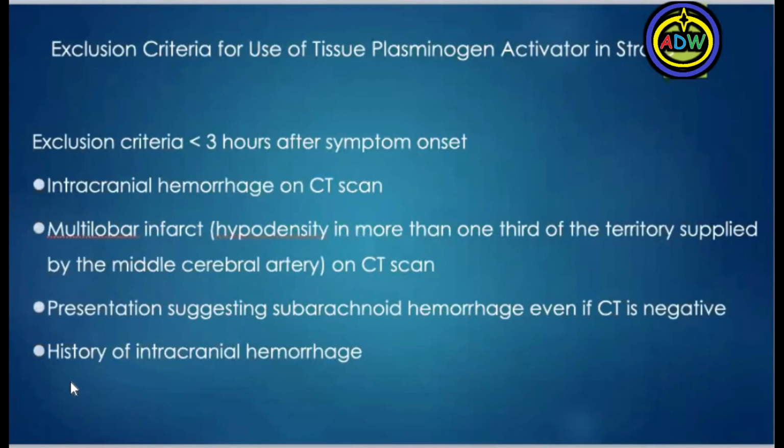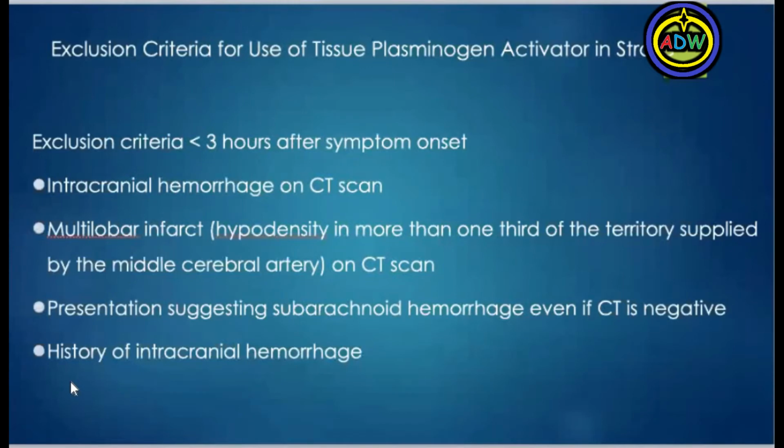First of all, if the patient is brought to hospital more than 3 hours after stroke onset, of course it is a contraindication because there is nothing to save. The penumbra has already died. There is no metabolically active tissue left, because we only have 3 hours to save the penumbra.